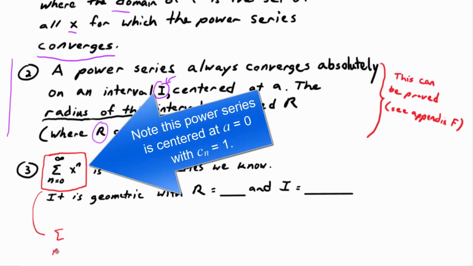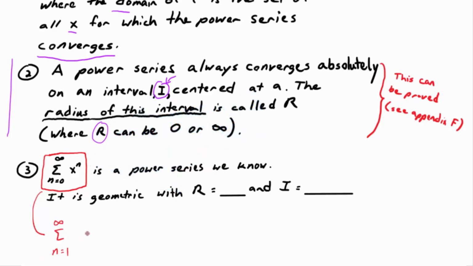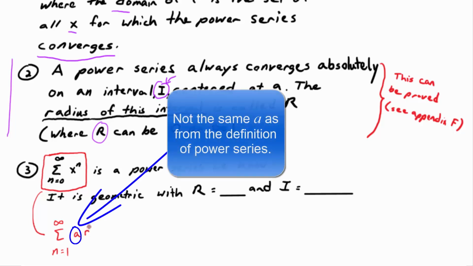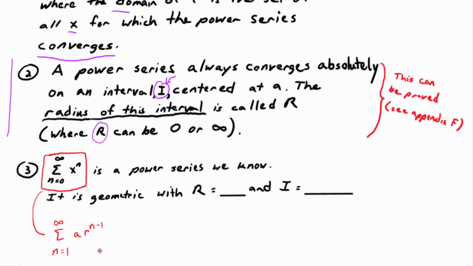You're used to starting n at 1, and you're used to there being a factor of a and then calling the common ratio r and then the exponent n minus 1, right? But the sum n equals 0 to infinity, x to the n is just a slightly different form. x then represents r.